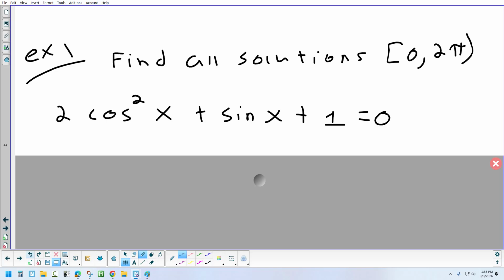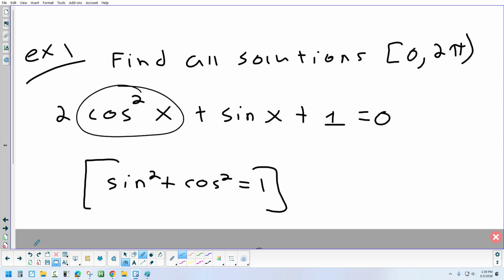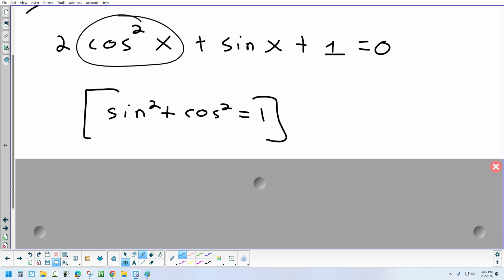We're going to try to change this cosine squared. What identity do we have that has a cosine squared in it? Yeah, we have a Pythagorean identity. That will enable us to get rid of the cosine squared. We're going to have a sine squared, but that's good. We need to have all sines.